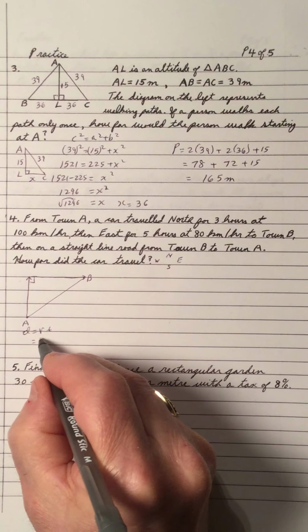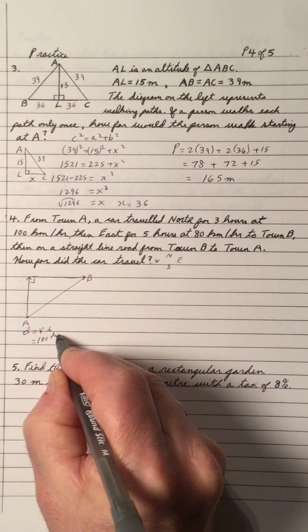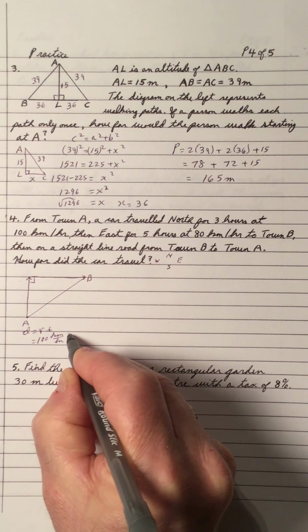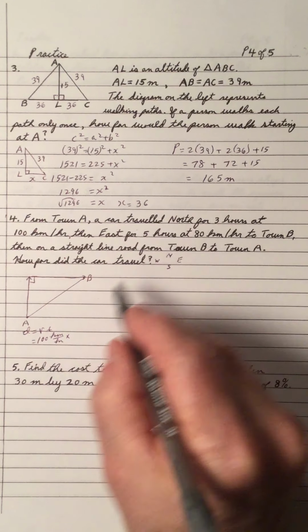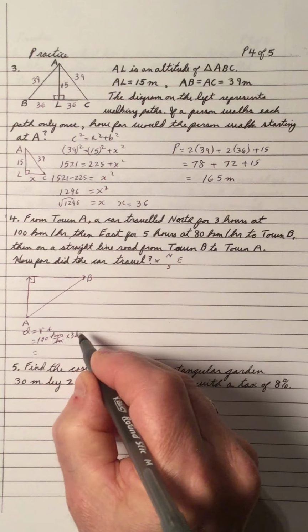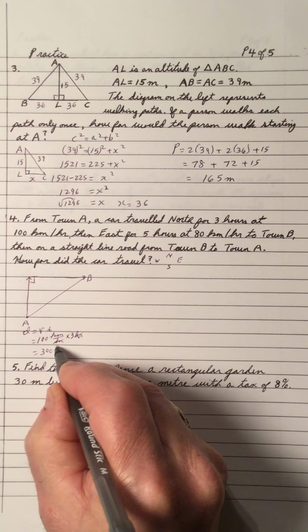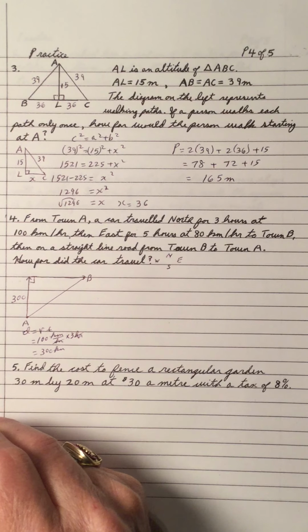So leaving town A, they traveled at 100 kilometers an hour for 3 hours. The hours cancel out, and we get 300 kilometers. So that's 300 kilometers traveling north.